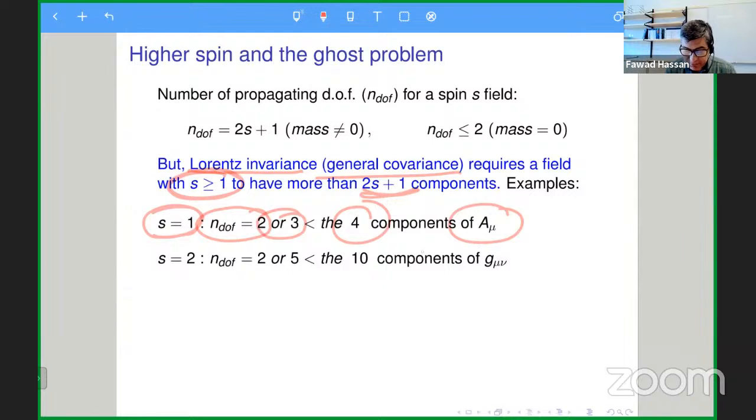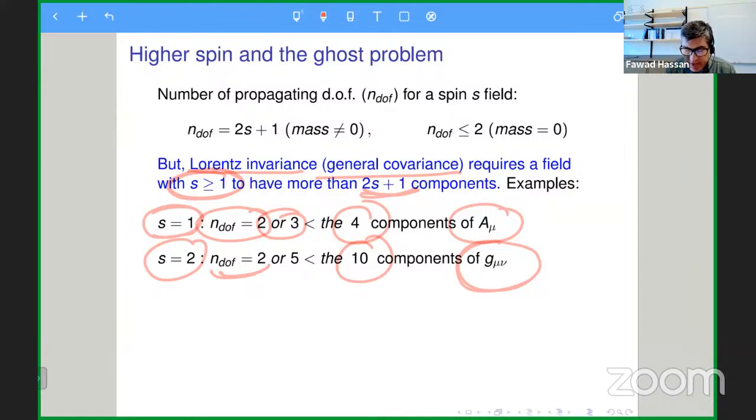And when you go to spin 2, then you describe a spin 2 field by a metric G mu nu, which is symmetric, and it has 10 components. However, for a massless spin 2 field, you know that the number of degrees of freedom must be just 2, and for a massive one, it's 5. So helicity is plus 2, 1, 0, minus 1, and minus 2.